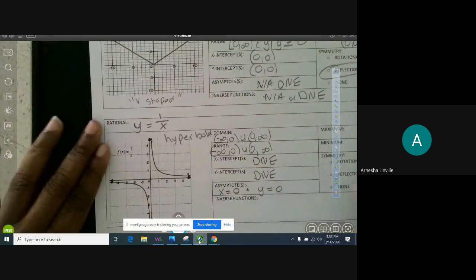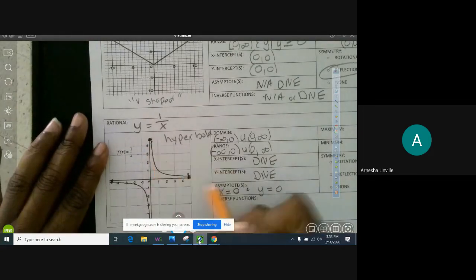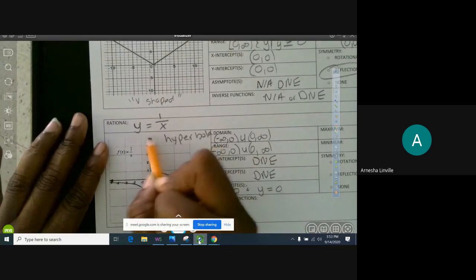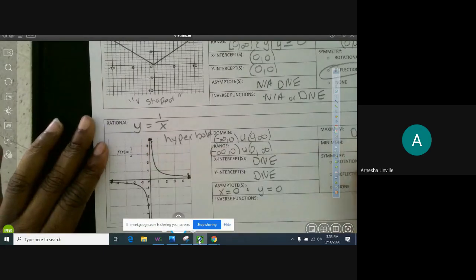For maximum, as it goes on, the highest part is continuous, so there is no maximum. The lowest that the graph is going to get, it continues and doesn't stop, so there is no minimum.